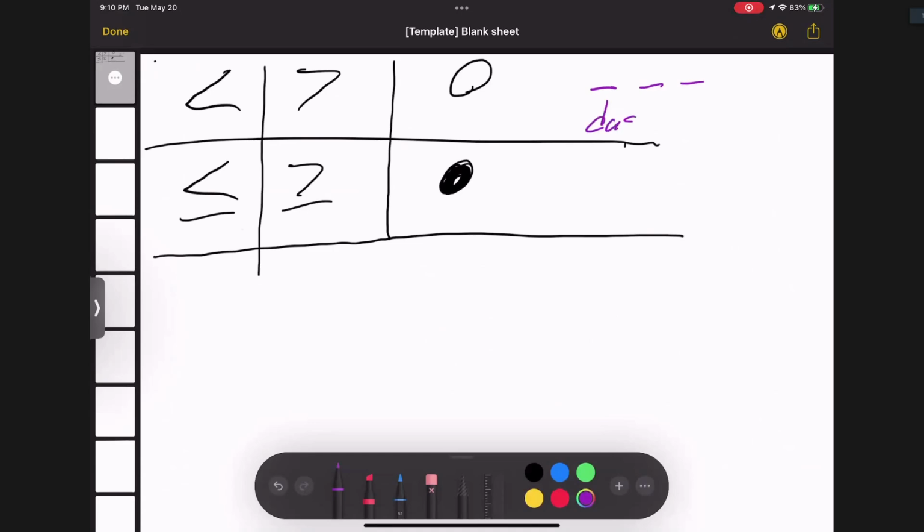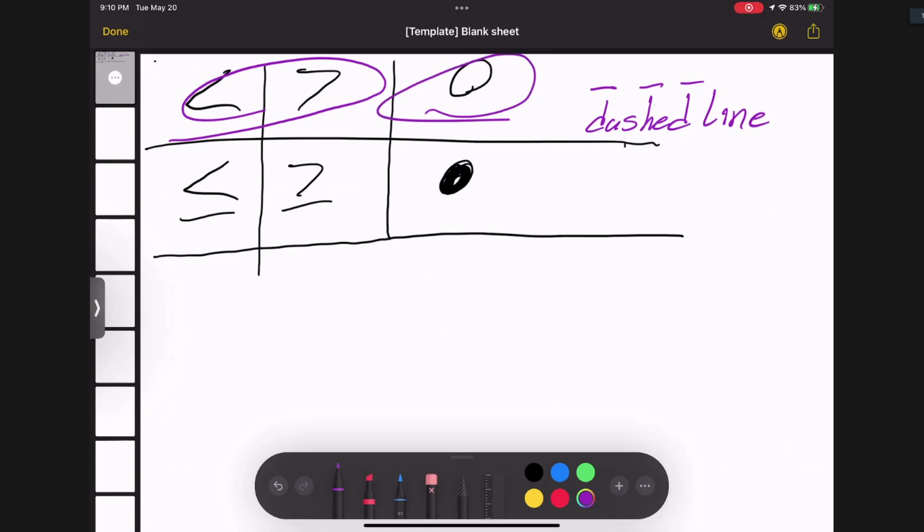This is for dashed lines. When you're dealing with strict inequalities, that means they are not including the actual points. The actual line itself is not included. It's going to be a dashed line. It could be called a dotted line, open line.